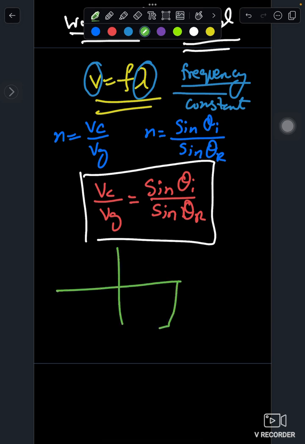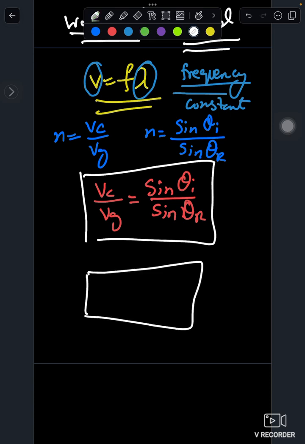Let me illustrate that. Let's suppose we have this theta and this theta, plus we have the speed of light in air, which is 3 times 10 to the power 8.